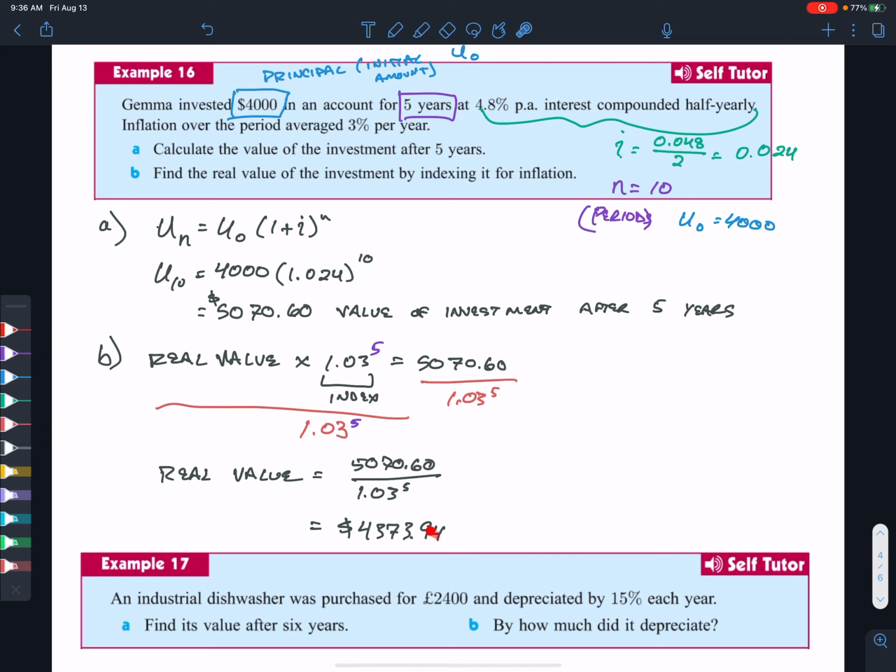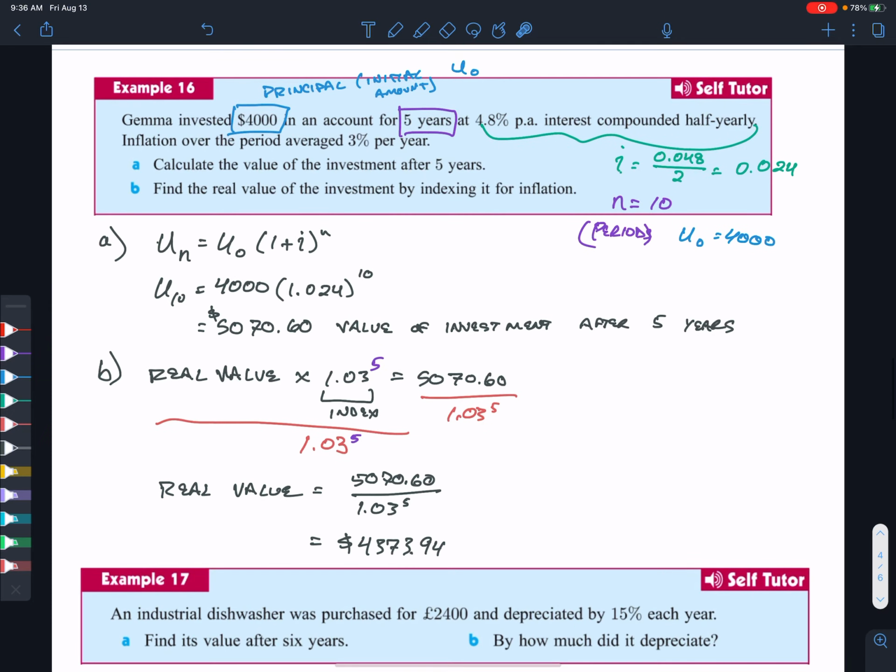So if we think about what this investment is going to be worth in the future, we want to base it on today's value. We put it in, and we know that we're going to get this interest, because the bank has told us, if you put this in, you're going to get this back at the end of the 5 years. I put it in there, nothing changes. But while it's sitting in the bank, inflation is happening.